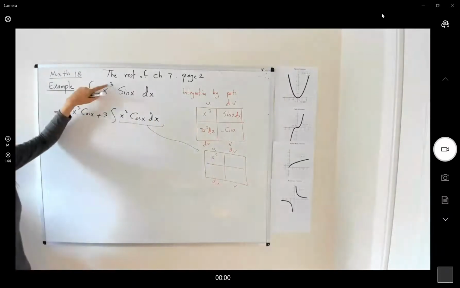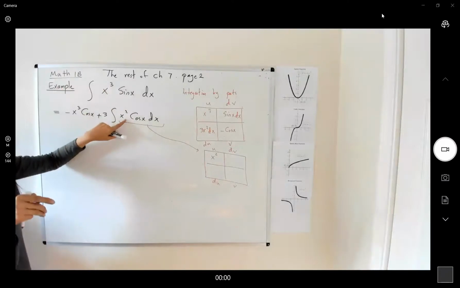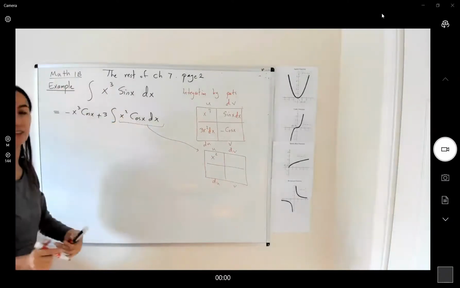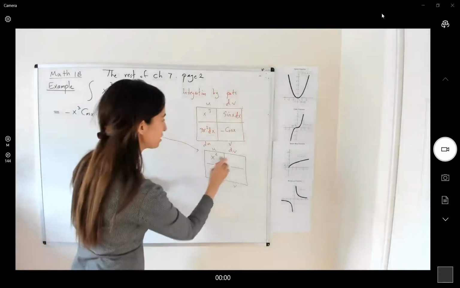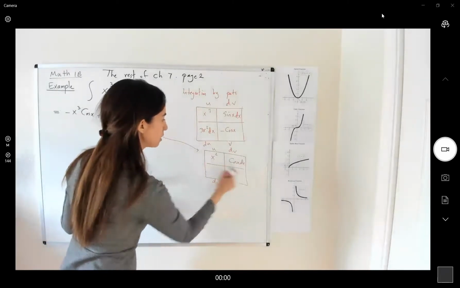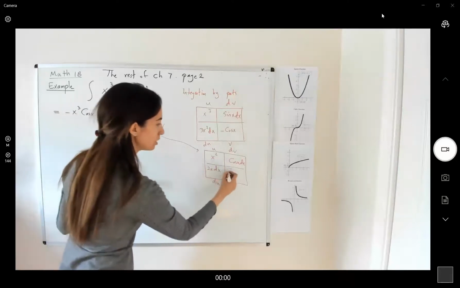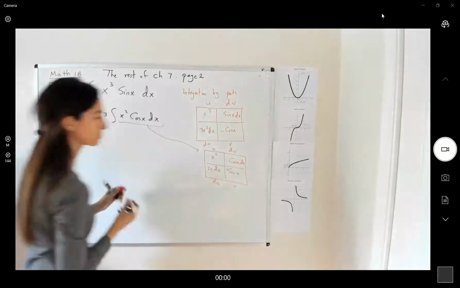Remember that you started from x cubed, the exponent was 3. Now you get a lower exponent, which is 2. So we are on the right path. u is x squared, and dv is cosine x dx. So du is 2x dx, and your v is sine x.